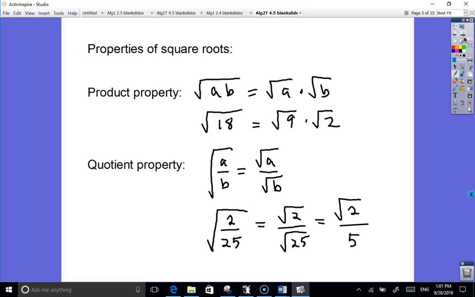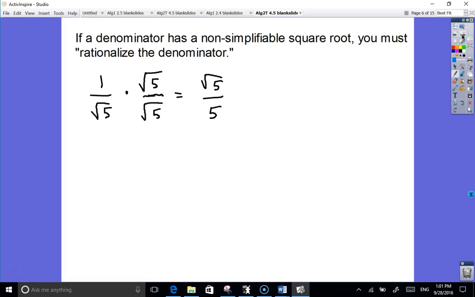And there's one other, which I know you've done before, and that is rationalizing denominators. The square root of 5 is an irrational number. What does it mean to be an irrational number? What do you think the prefix IR means?